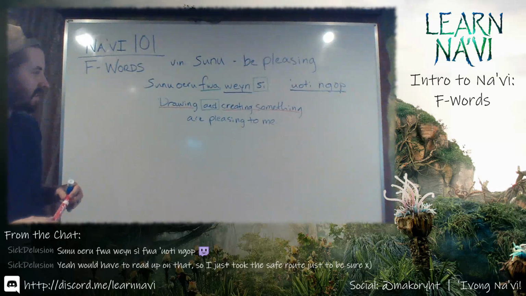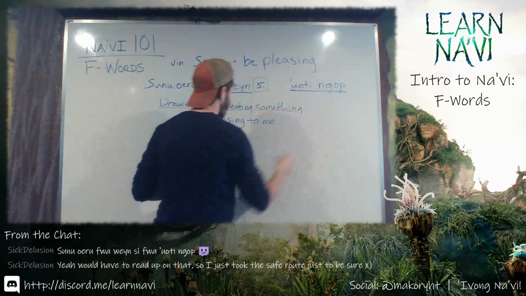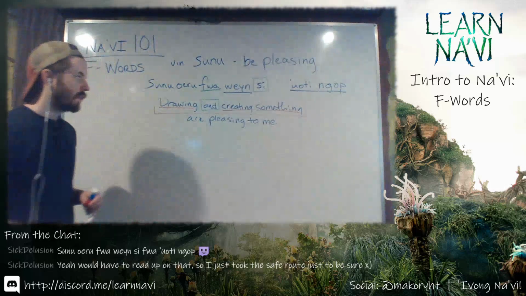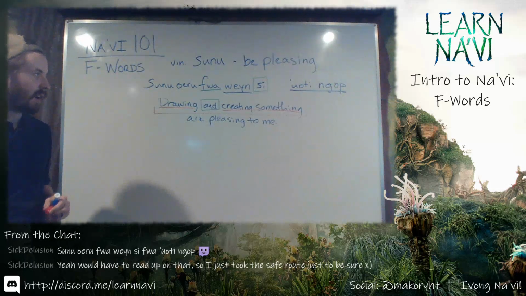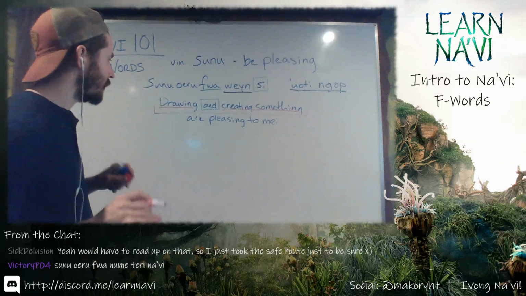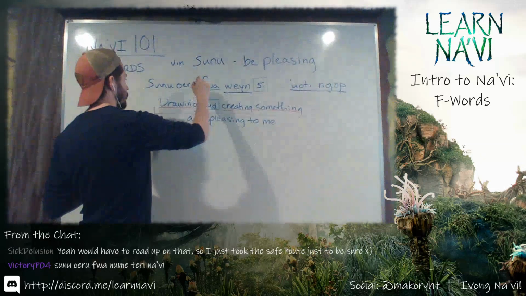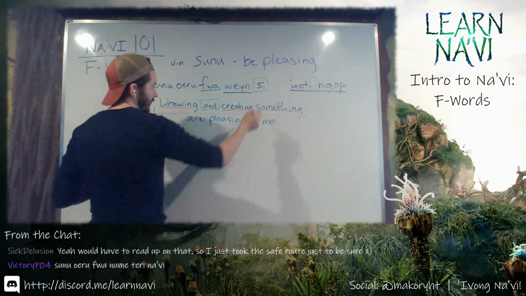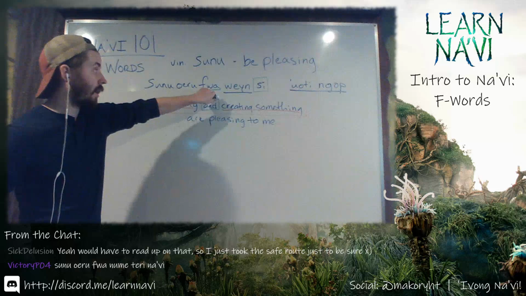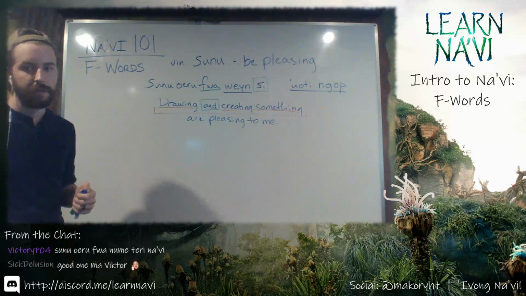But because in Natfi we're dealing with this entire thing right here being our subordinate clause and the subject of our verb, I'm going to go ahead and say it: you don't need to double up the F word here. The conjunction in the middle indicating that those two things are the thing that is pleasing is sufficient.